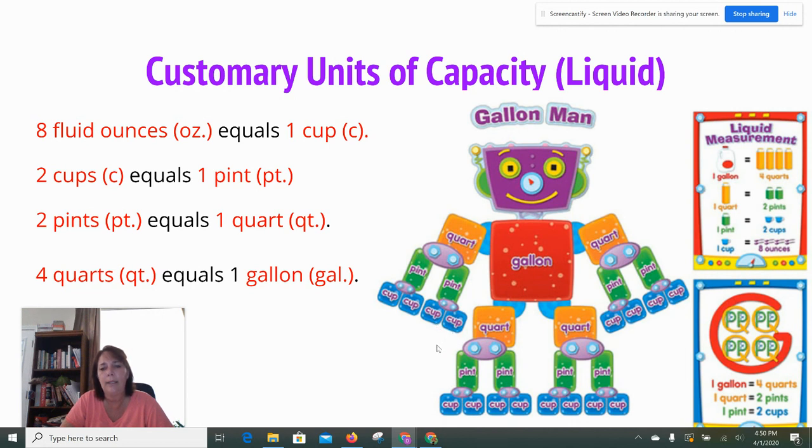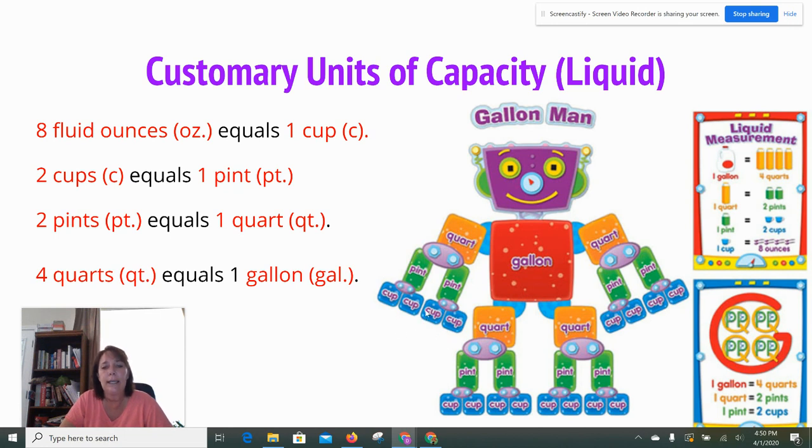It's a robot, so it's got 8 little fingers on it. It's going to take 8 of those little spoonfuls to make 1 cup.